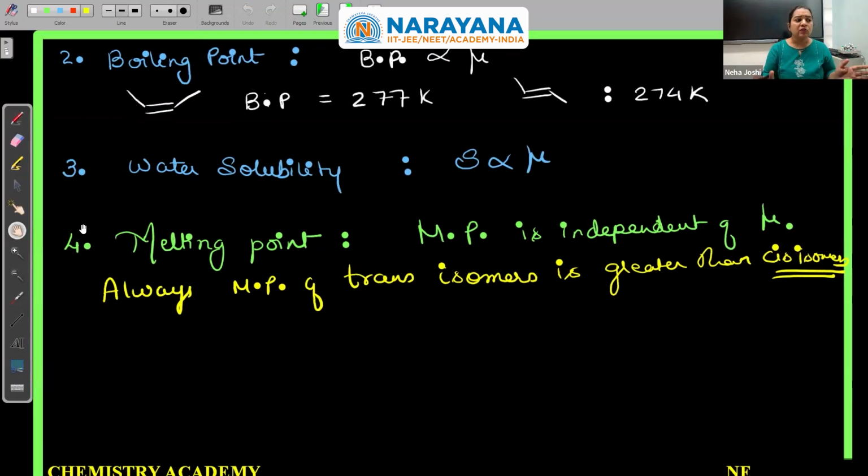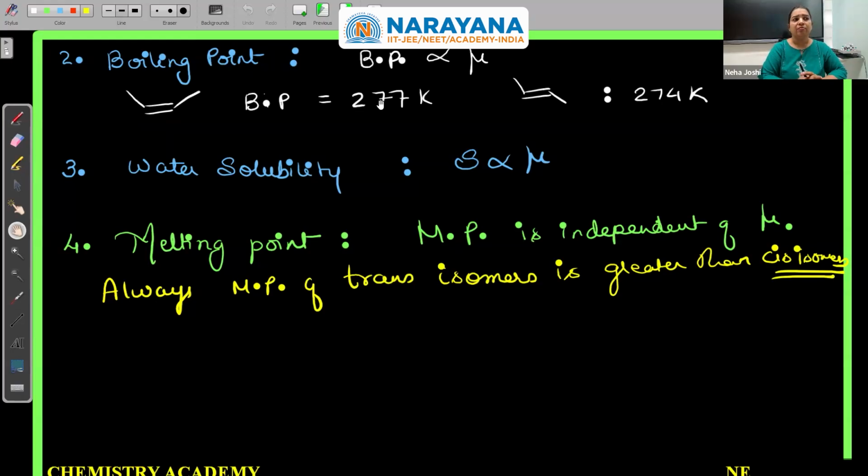Once dipole moment is decided, then most of the other properties like boiling point and water solubility depend on dipole. Like dissolves like. So if I talk of water solubility, higher dipole moment gives higher water solubility, right? If I talk of boiling point, then higher dipole moment will give me higher boiling point.